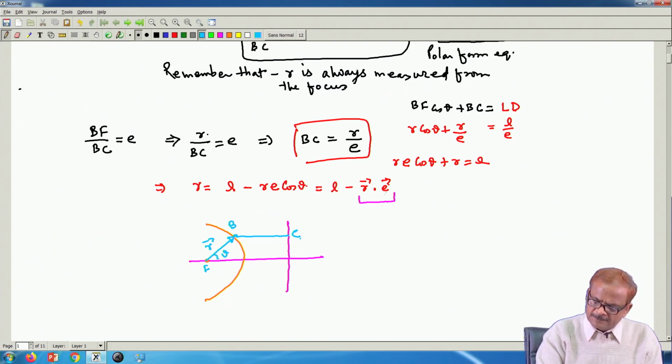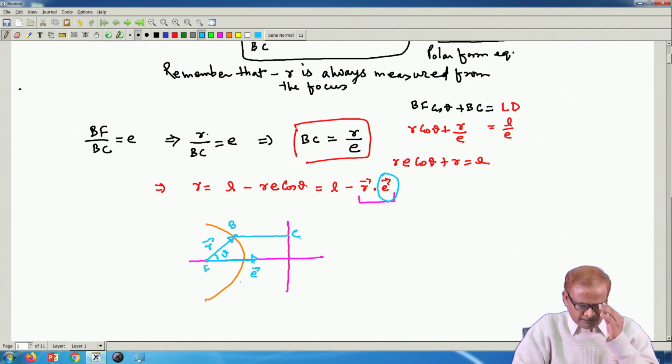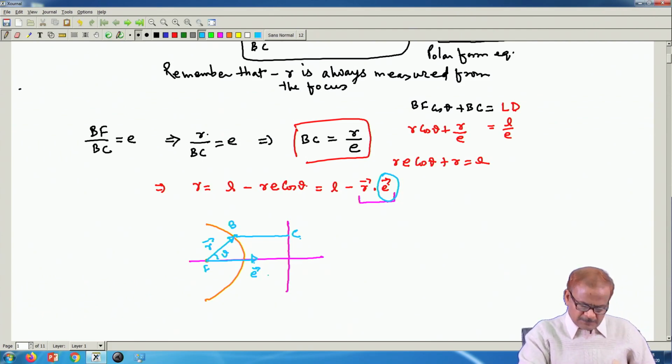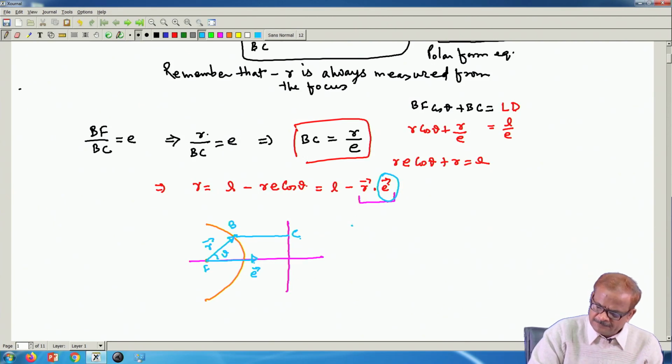That implies that the E vector is lying along this periapsis. So, here E vector is directed along this line. And later on we are going to prove this fact that E is a vector.